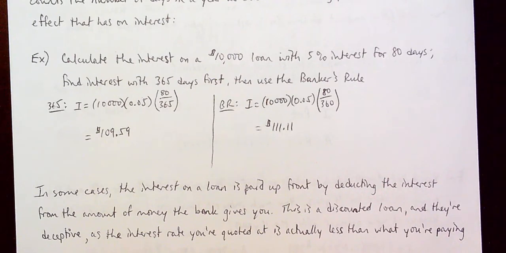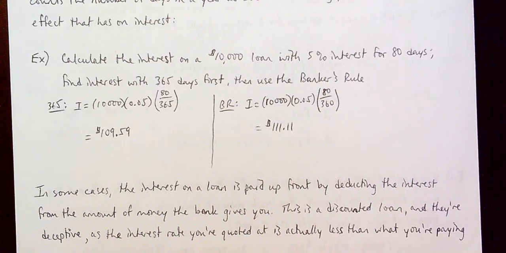Pretend you're thinking of a mortgage loan on your house. A $200,000 mortgage loan with 4.5% interest for 30 years. That's going to get you a lot of interest. That's going to make the banks a lot of money. So there's a reason that they use the banker's rule. It's so they can make more money.